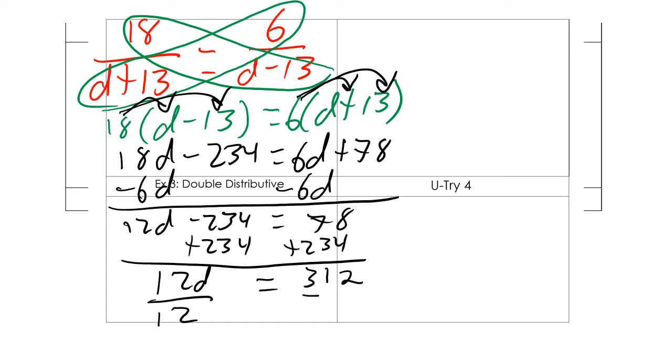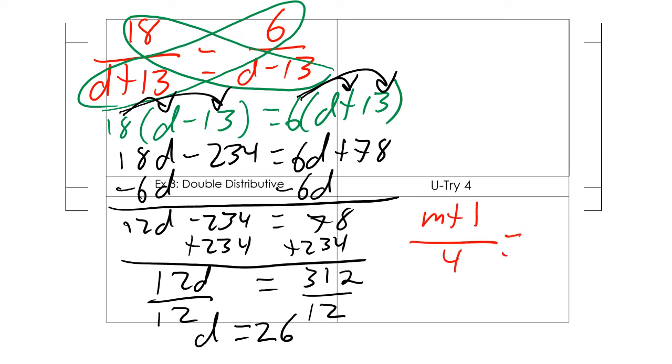Divide both sides by 12. And I get d is equal to 312 divided by 12, which is 26. All right, here's your u try. M plus 1 over 4 equals 3m plus 6 over 7.